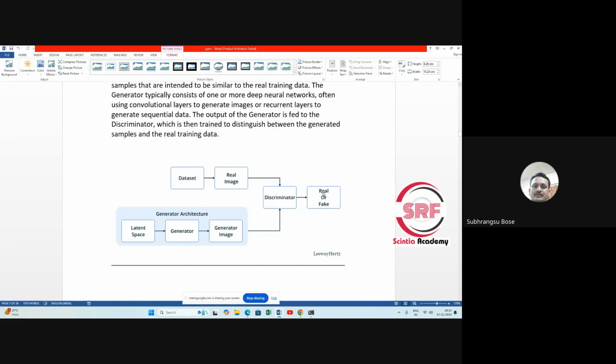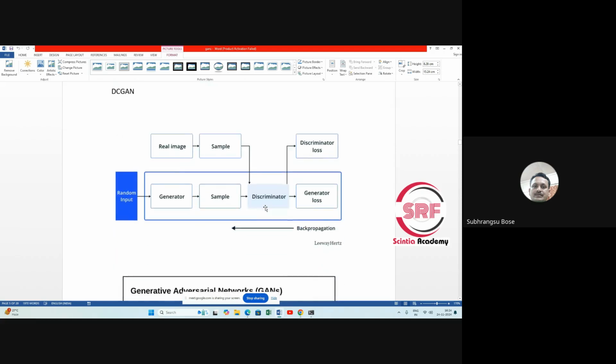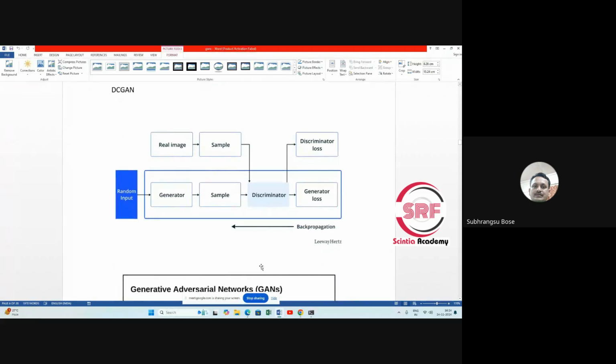The discriminator does binary classification, real or fake, and it is trained through the real data set, comparing the real images with the generator's images. The discriminator can say which one is real or fake. Then the simple DCGAN, the GAN model, is DCGAN, deep convolutional GAN.